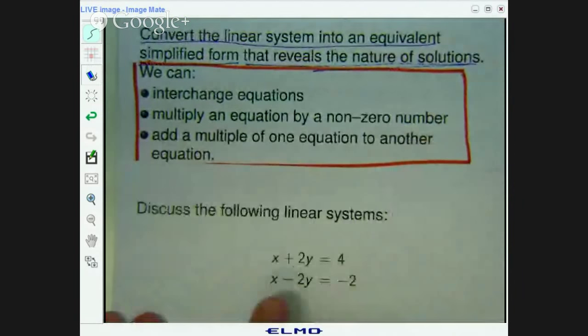So you could take this equation and add it to this equation. And it still doesn't change the structure. Okay? So that's a little snapshot of what you can do to these linear systems to put them in simplified form. Okay? So let's keep going with this two equations and two unknowns theme.